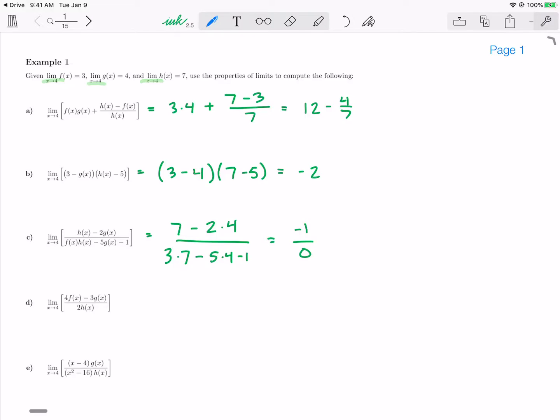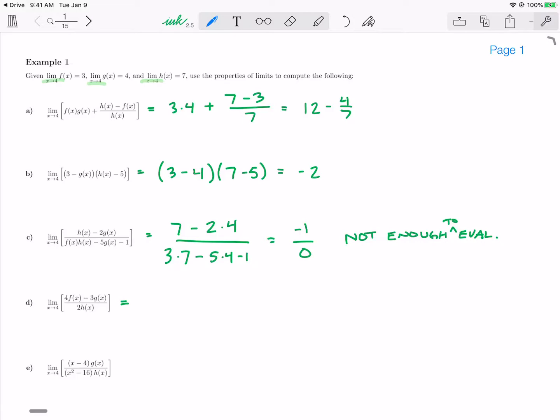We don't have enough information. So not enough info to evaluate. We'd have to use a technique that we don't yet have in our tool belt, and we'd have to have more information to apply that rule.